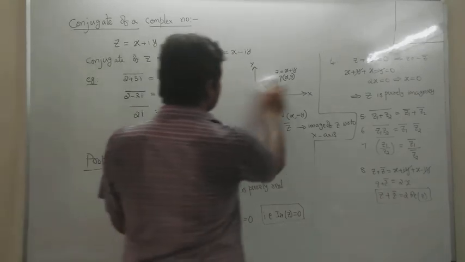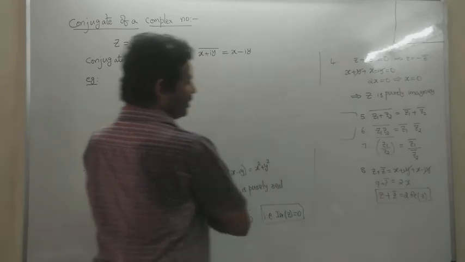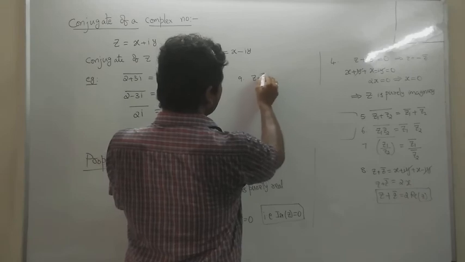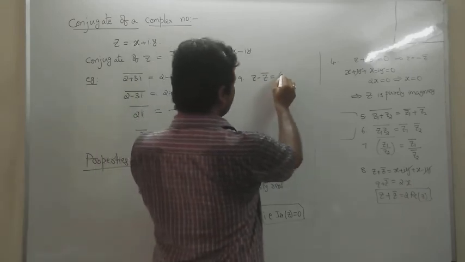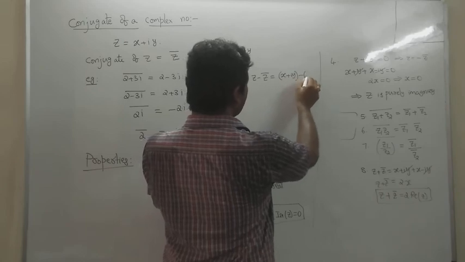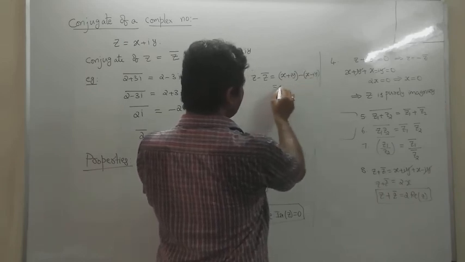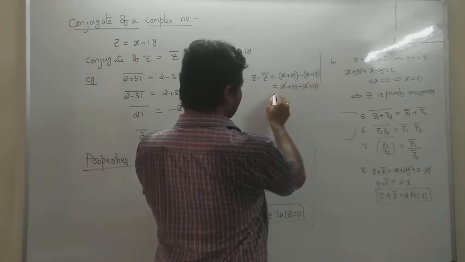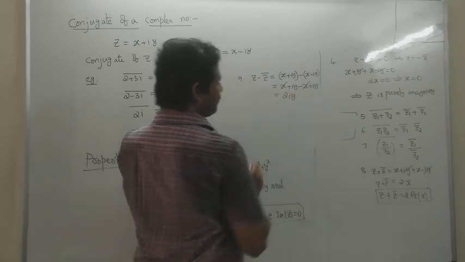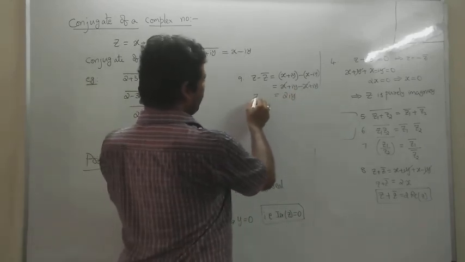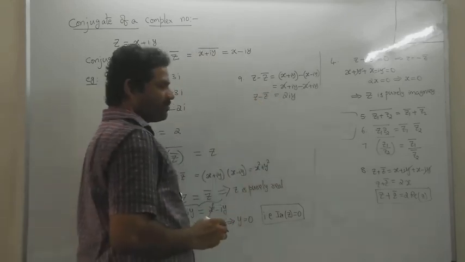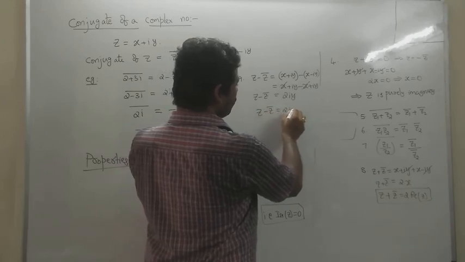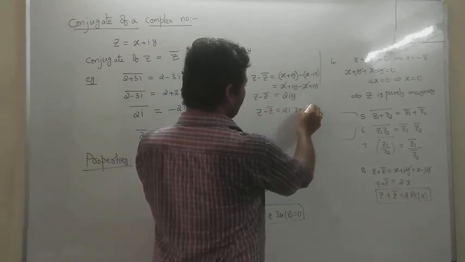And one more thing, the ninth one, the last one. What is z minus z bar? z minus z bar equals x plus iy minus of x minus iy, that is x plus iy minus x plus iy. x cancels, that equals 2iy. So z minus z bar equals 2i into the imaginary part of z.